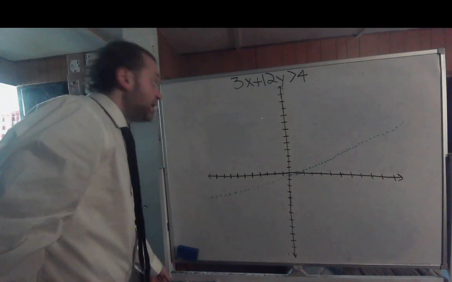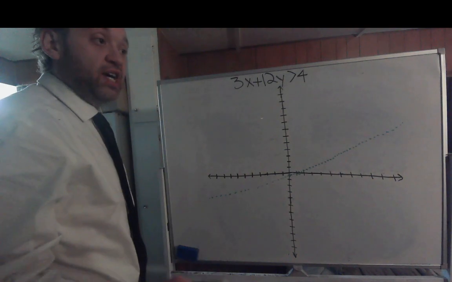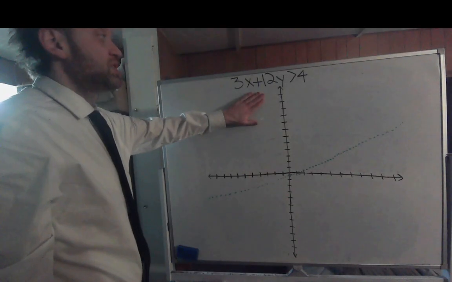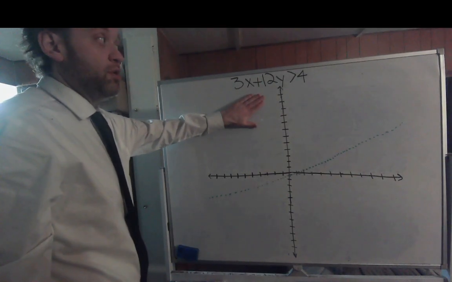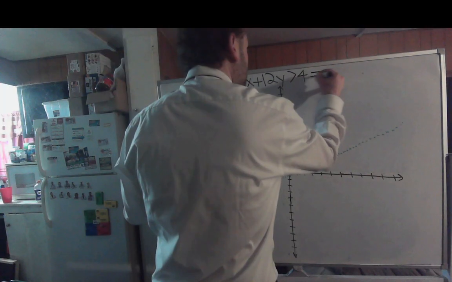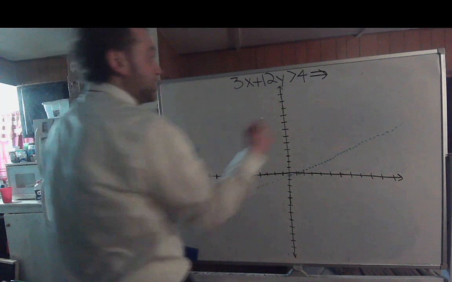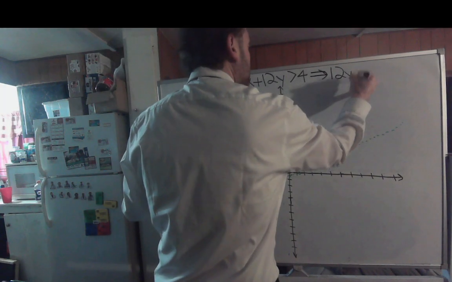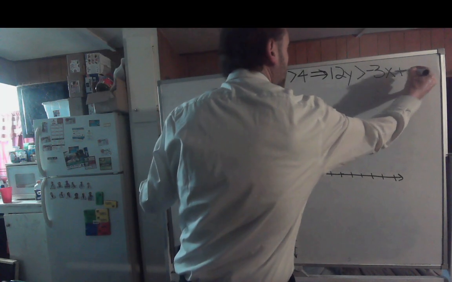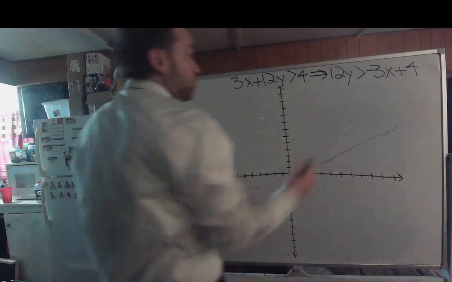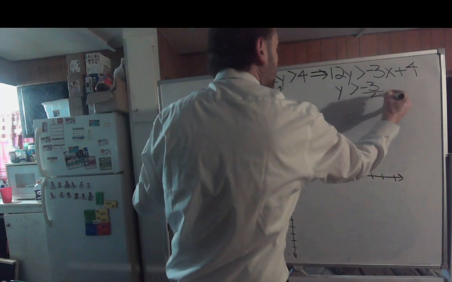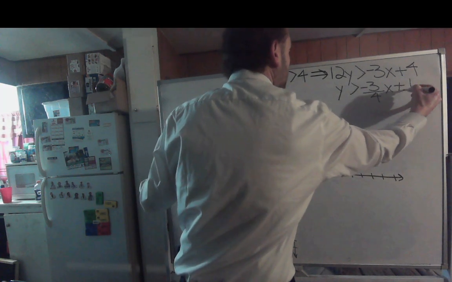Now, in order to know what region you're really shading, once you've drawn your line, convert this to slope-intercept form. You would start out with 12y is greater than negative 3x plus 4, which would then turn into y is greater than negative 3/4 x plus 1/3.